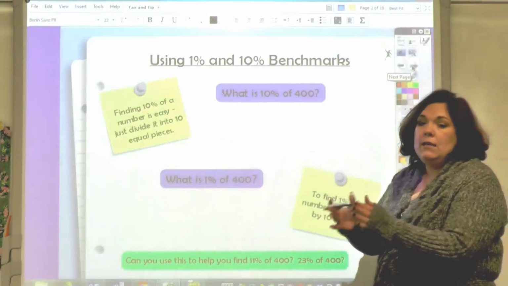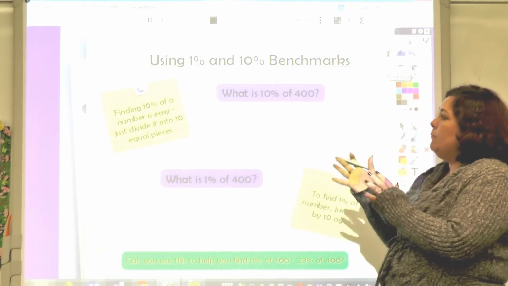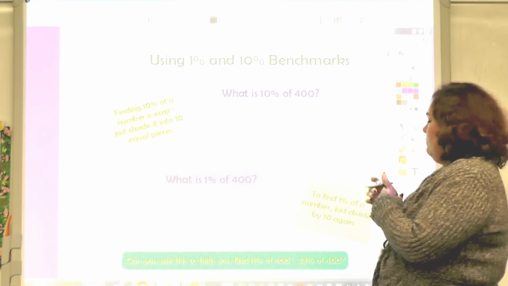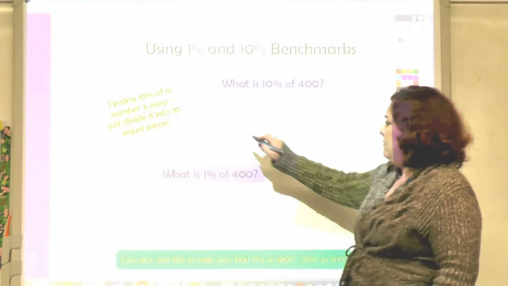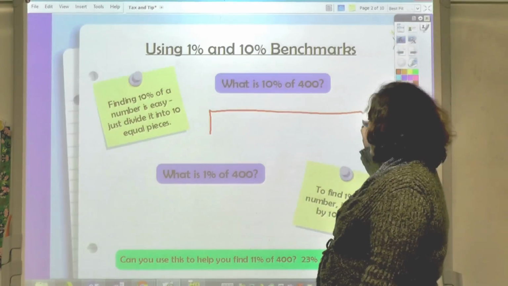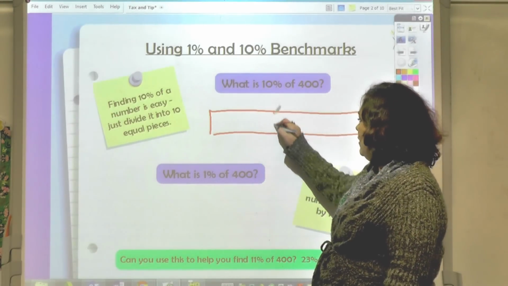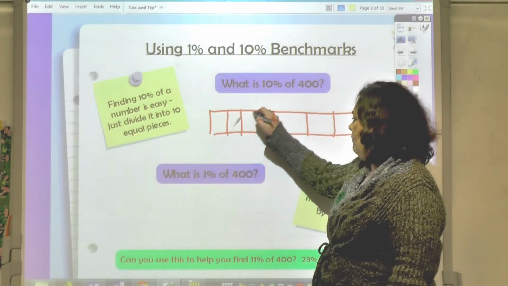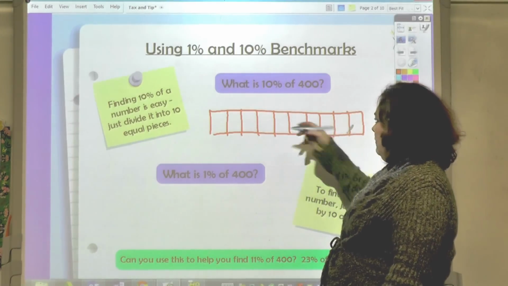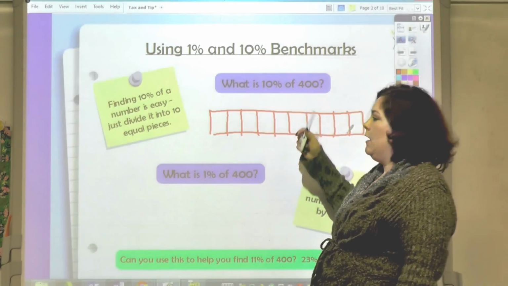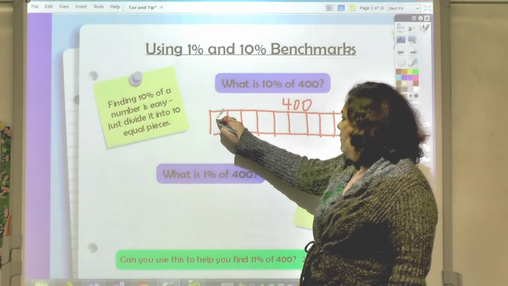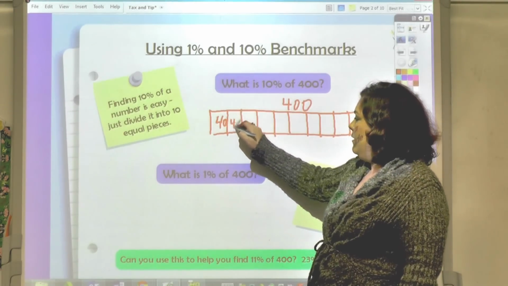So to do this, we use 1% and 10% benchmarks. And to do that, we think of the fraction, the percent bar model. If I'm going to divide this into 10 parts to find out 10%, one of them of 400 would be 40, would go in each.